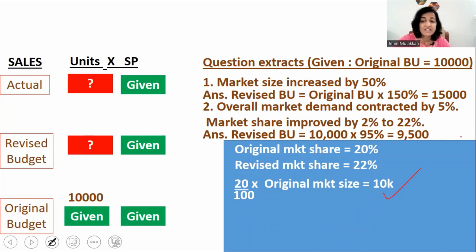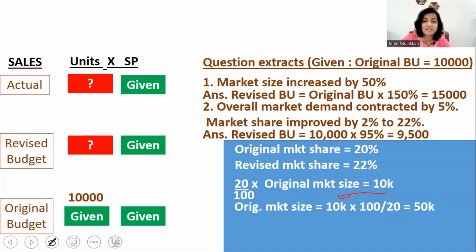That is, the original budgeted units is 20% of the original market size. So what is the original market size? The original market size is 10,000 multiplied by 20 by 100. When it is taken to the other side of the equation, it is 100 by 20, or the original market size is 50,000 units.